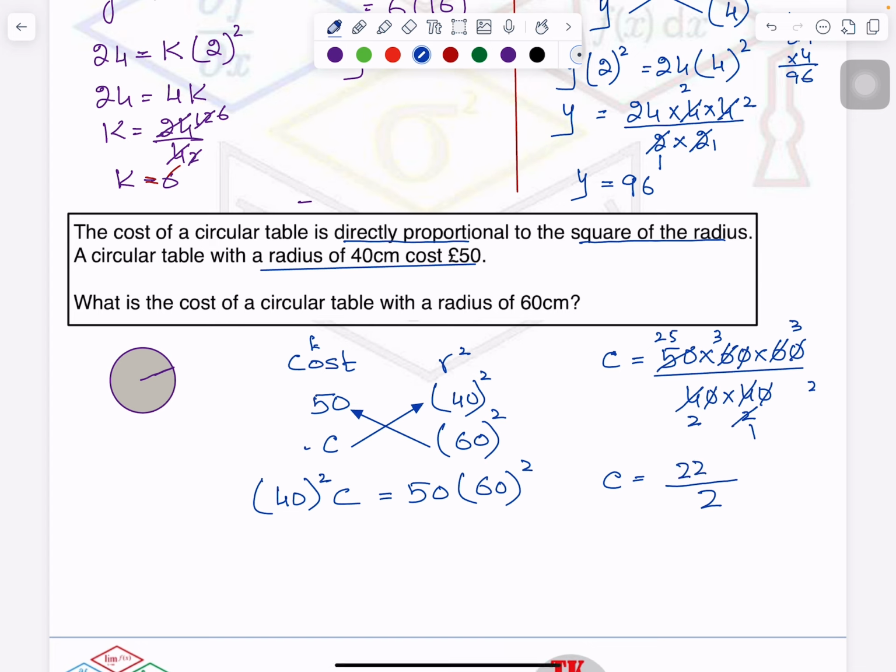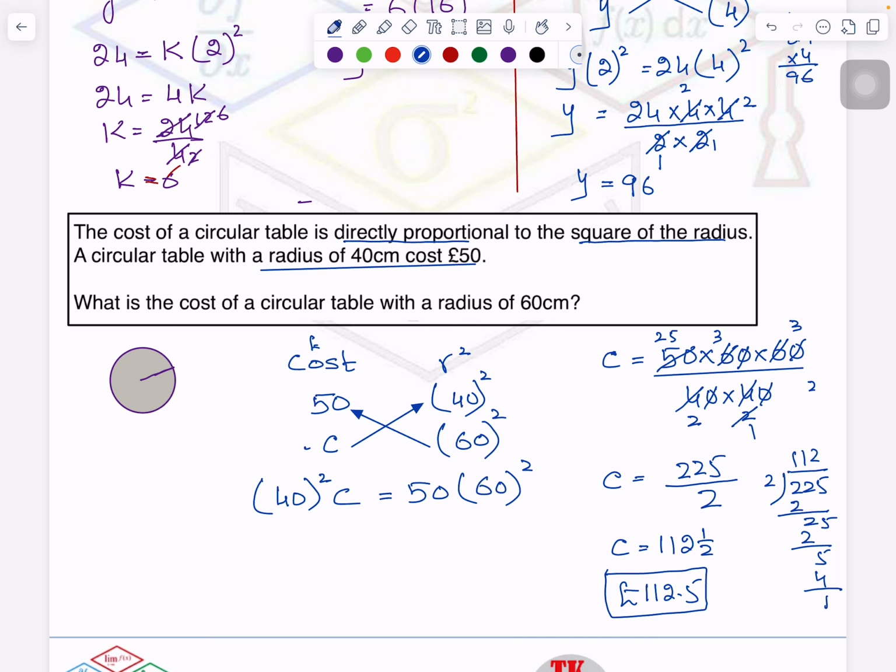Then you can further divide it by long division. 2 times 1 is 2, then again 2 times 1 is 2, then 2 times 2 is 4, so it is 112.5, and the radius is given to you in pounds. So in the end you can say the cost will be 112.5. You know half is called 0.5. This is the cost you get for the table which has a radius of 60 centimeters.